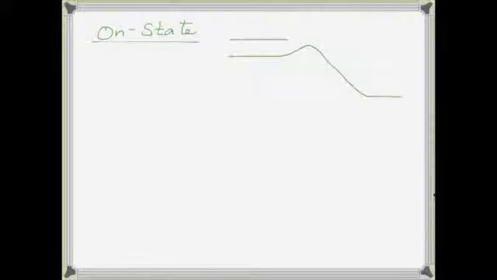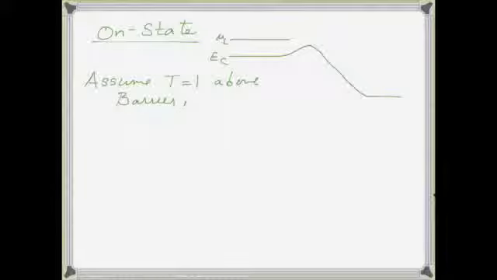However, in the on state, that barrier is no longer there. My Fermi level is up here. If we just assume, for the sake of argument, perfect transmission above the barrier, a nice smooth barrier, no reflection, then above the barrier A left is equal to A right.